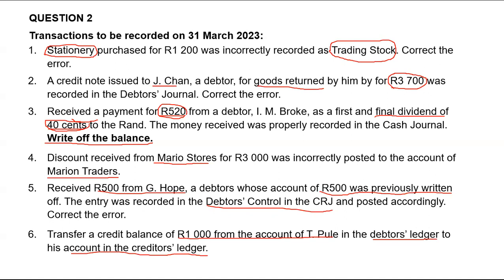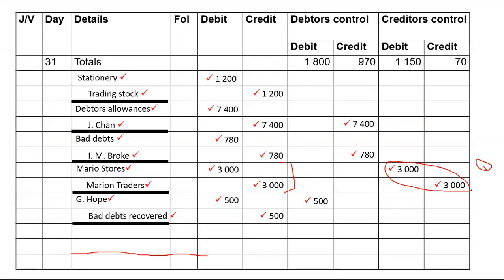So to cancel it, we are going to debit the debtor T Pule and then credit the creditor, because T Pule is no longer a debtor. T Pule is now a creditor. So we debit T Pule, the debtor, and credit T Pule, the creditor. Got that?